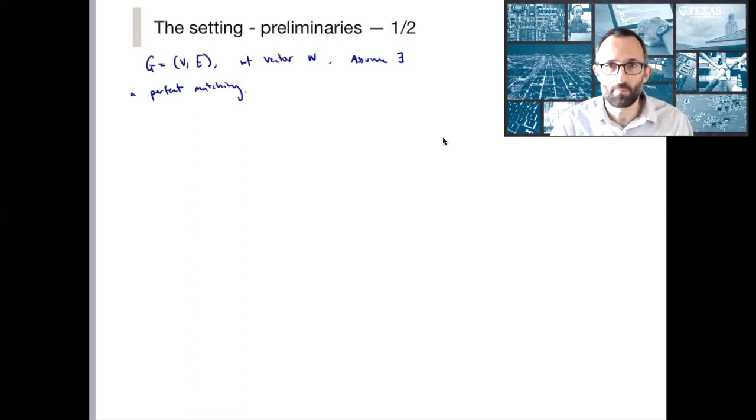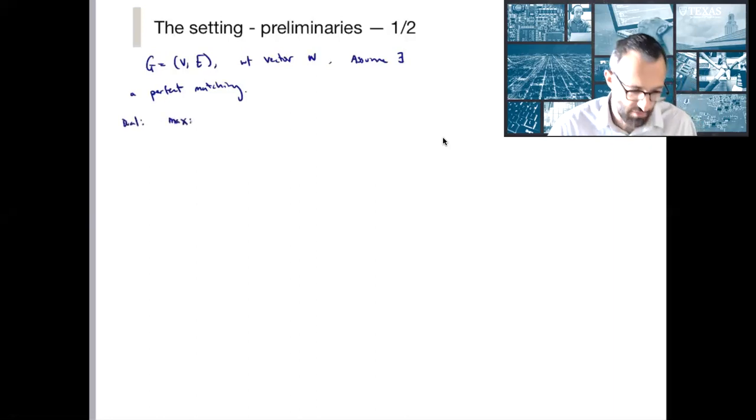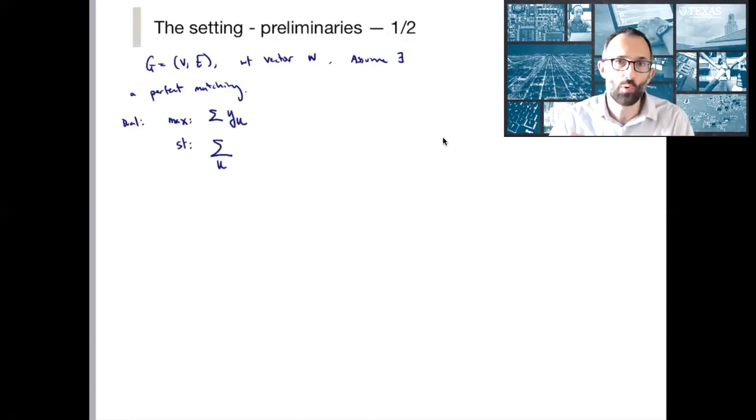So we gave the primal problem, the minimization, in the previous lecture, and the dual, but I'm going to write down the dual again. The dual is a maximization problem, and it looks as follows. Max over the sum of y_u, subject to the sum over all subsets u. Whenever I mention u, they are the odd cardinality subsets, including the subsets of size 1, unless I specify otherwise.